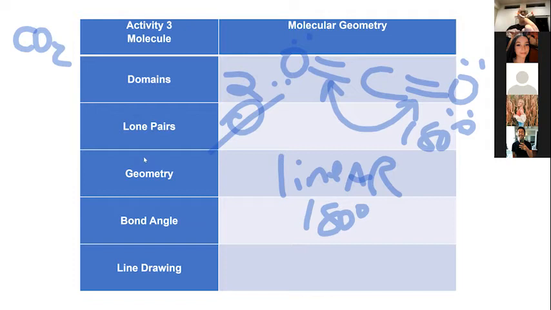I'd say that's bent, right? That's the same shape as water. So why is this bent, and we're supposed to have a linear molecule? What's up with that? Why is this bent and not linear?